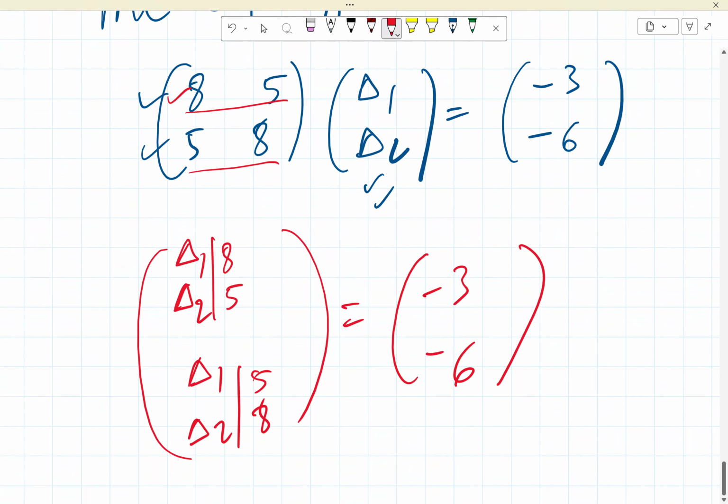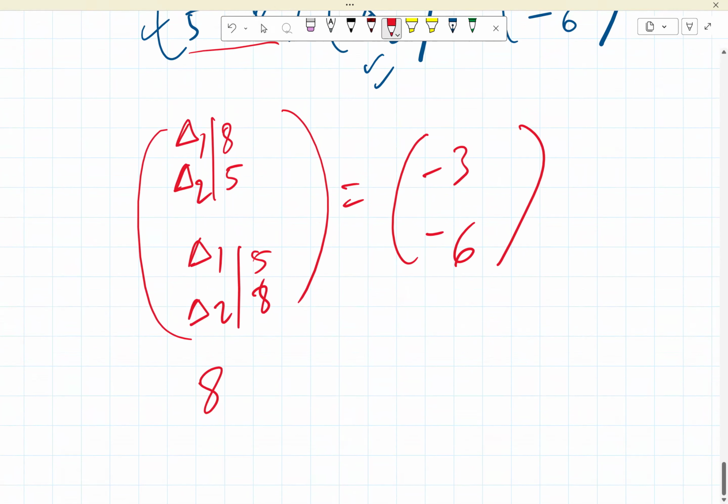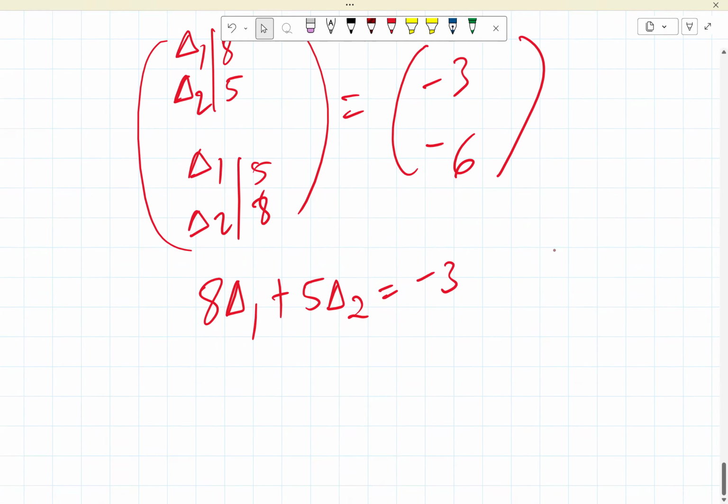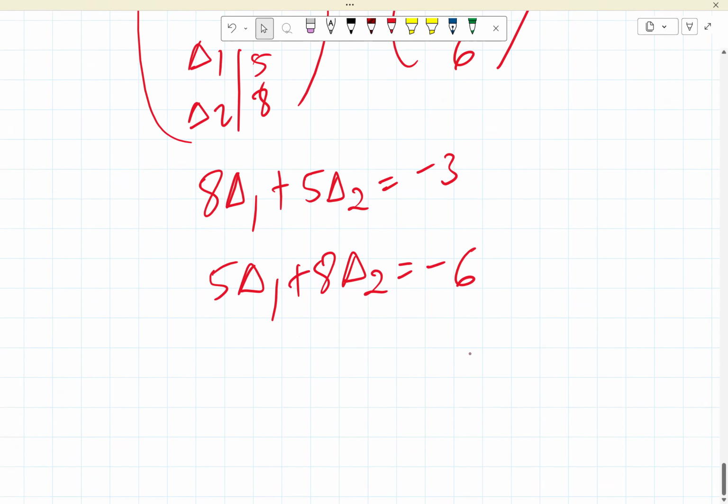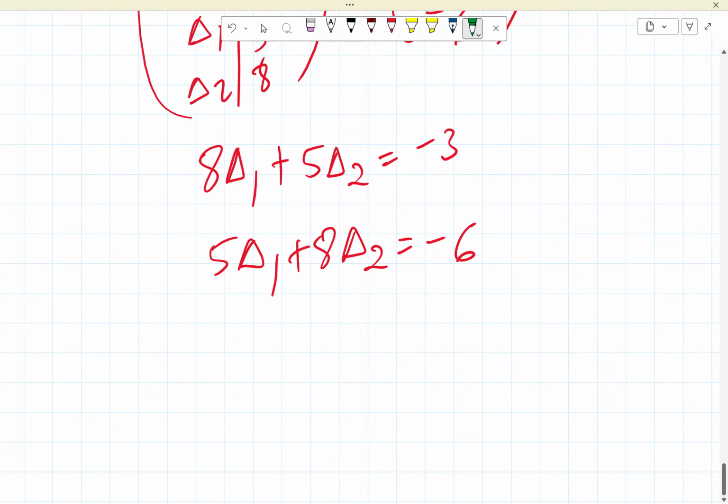That means 8 delta 1 plus 5 delta 2 equals minus 3, and 5 delta 1 plus 8 delta 2 equals minus 6. We can easily solve this.